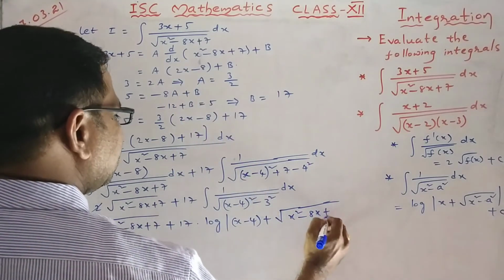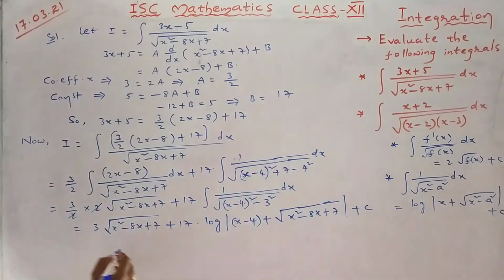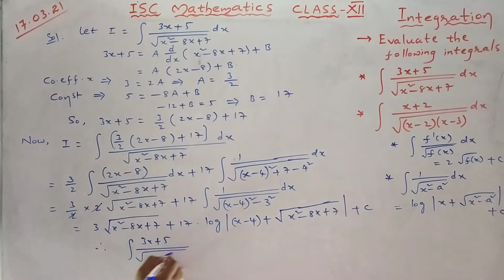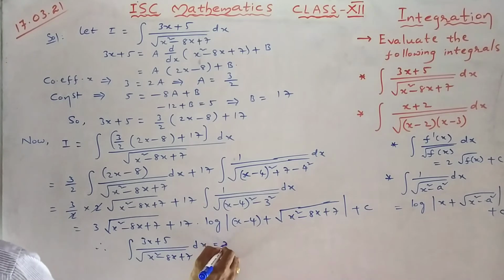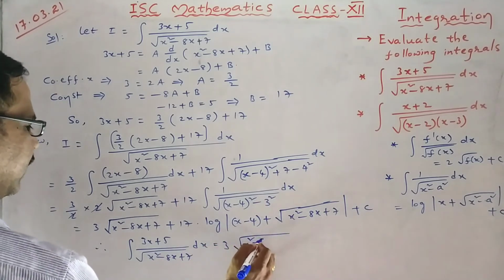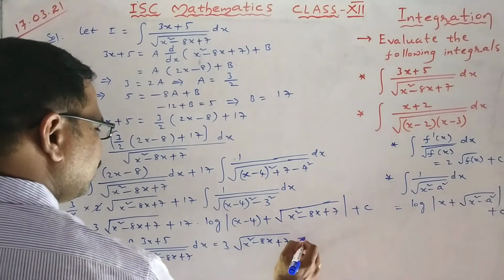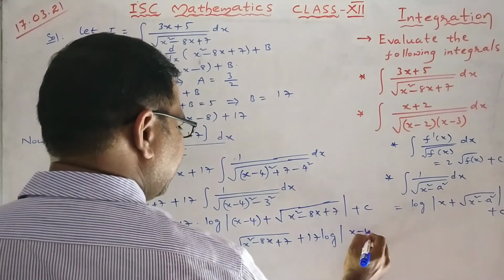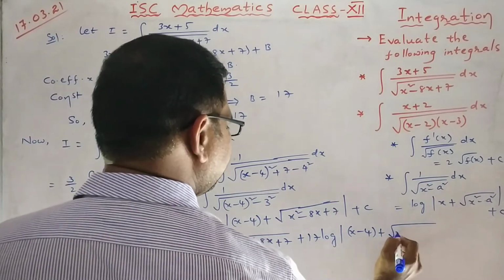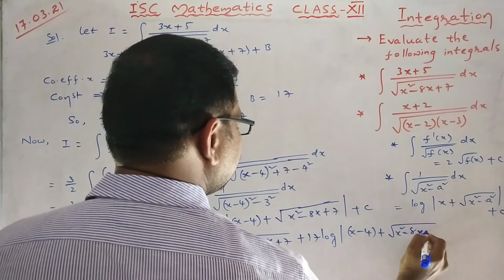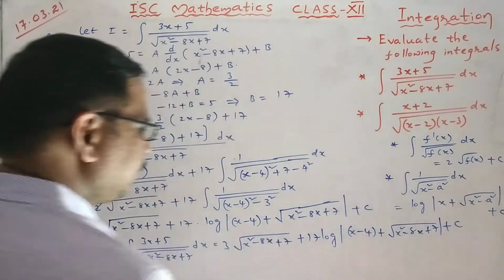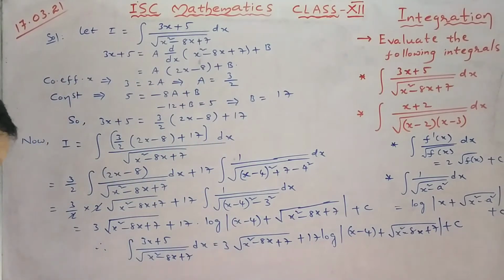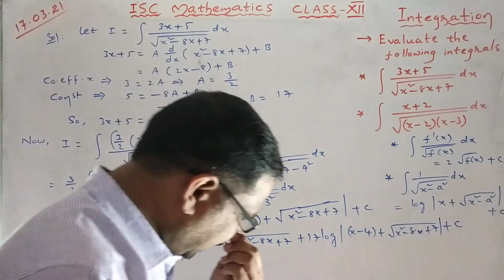Therefore, the integral of (3x plus 5) by square root of x square minus 8x plus 7 dx equals 3 times root of x square minus 8x plus 7 plus 17 log mod of (x minus 4 plus root of x square minus 8x plus 7), plus c. So that is the first solution, right?